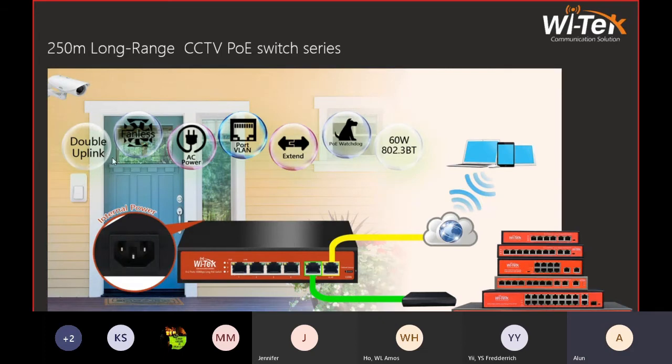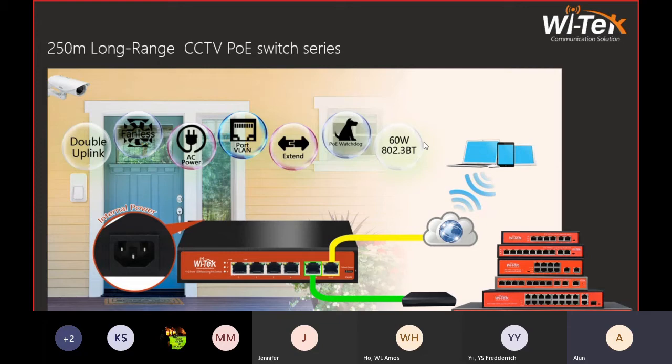And we also support some features usually used in the CCTV market. Like we designed the double uplink port, fanless design, AC power, port VLAN, extend mode, PoE watchdog and 60-watt BT standard.